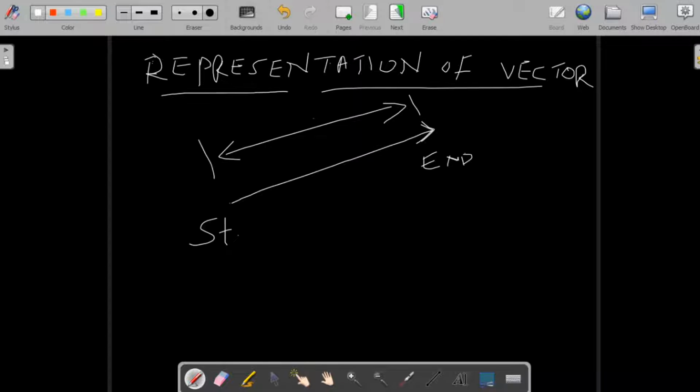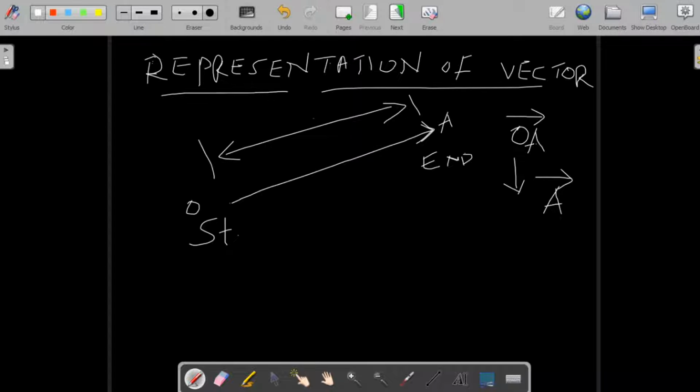Now if I name this starting point O and end point A, this vector can be written as vector OA, or simply I can write this as vector A.